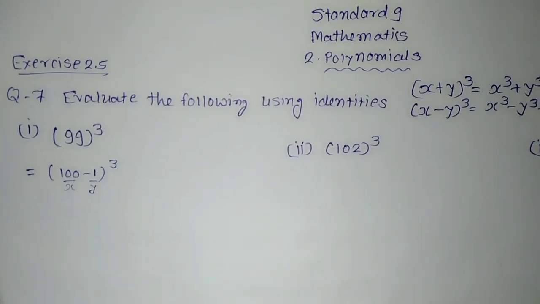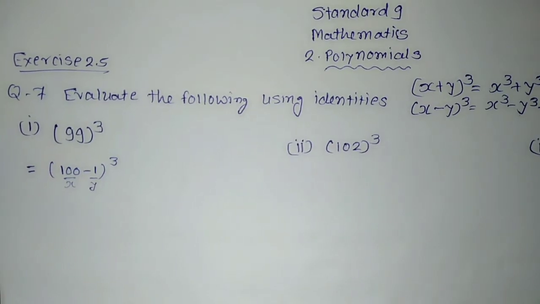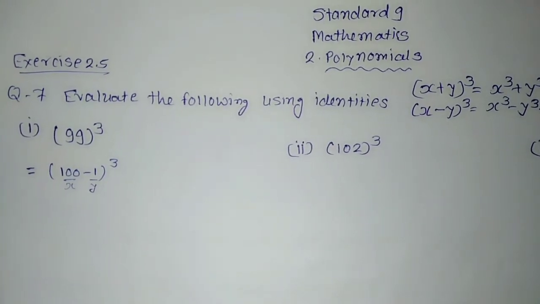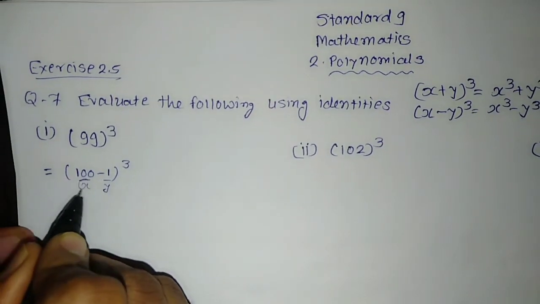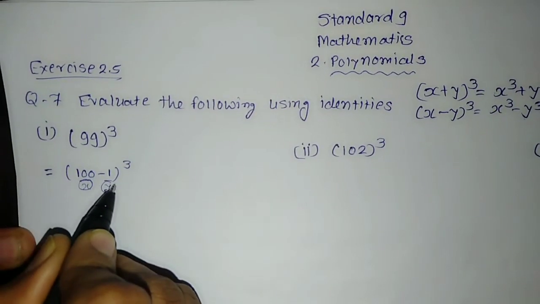Now we'll use that formula, (x minus y) whole cube is equal to x cube minus y cube minus 3 into xy into bracket x minus y. Consider the first term as x, and the second one as y.